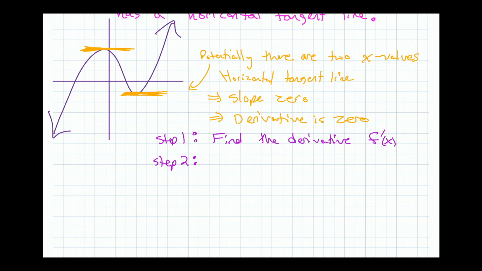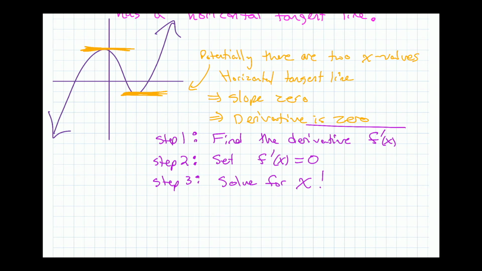So you're not plugging in 0, you're setting it equal to 0. So you're going to set f prime of x equals 0. And then you're going to have to solve for x. All right? So this is a completely different thing than what you've been doing.